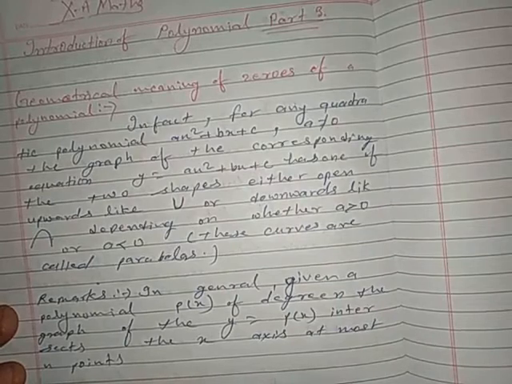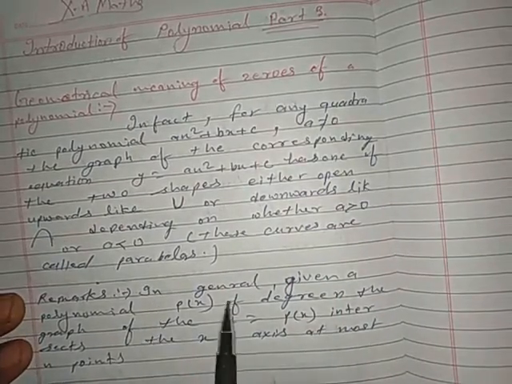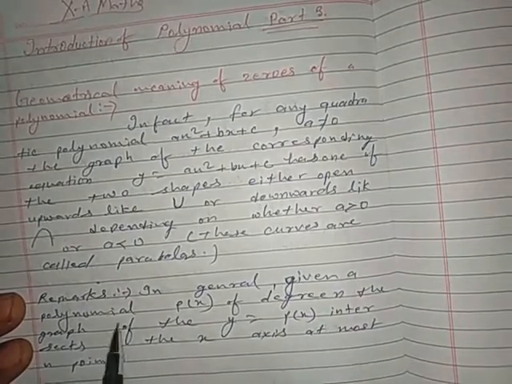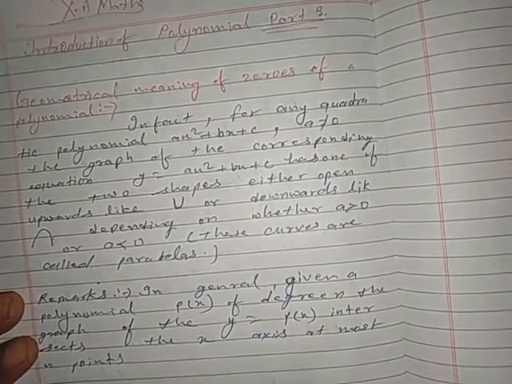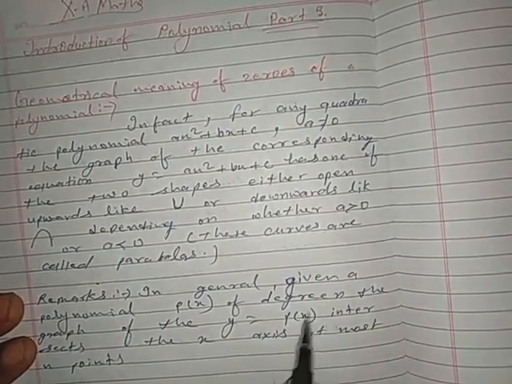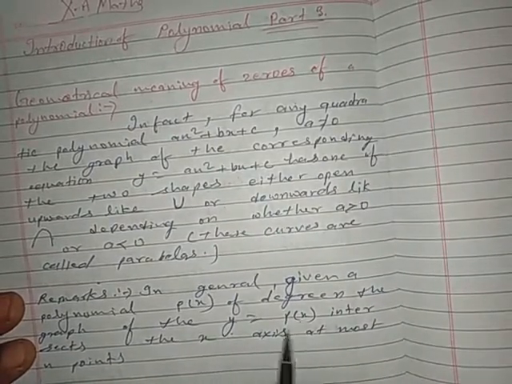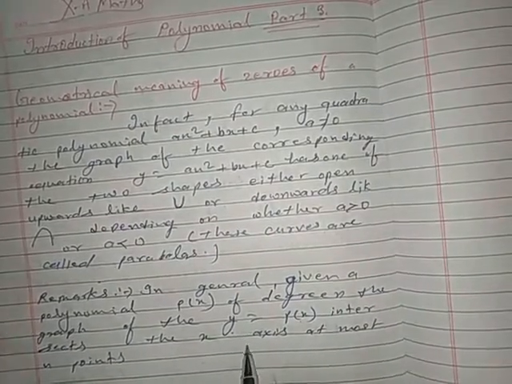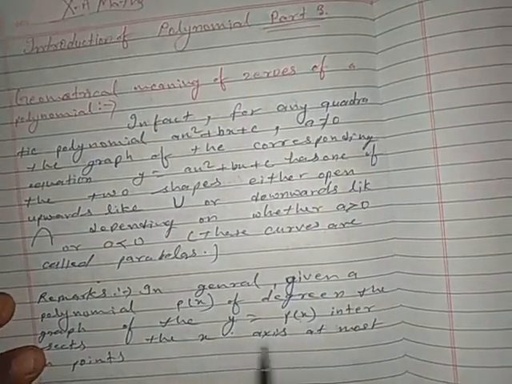Here we are reading that in general, given a polynomial p(x) of degree n, the graph of y is equal to p(x) intersects the x-axis at most n points.